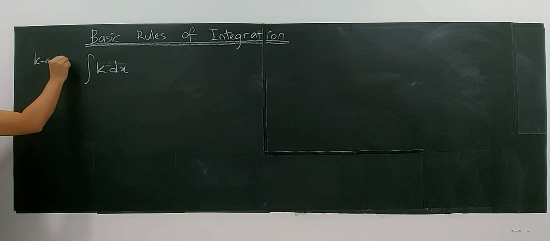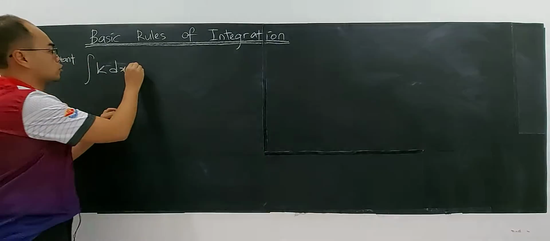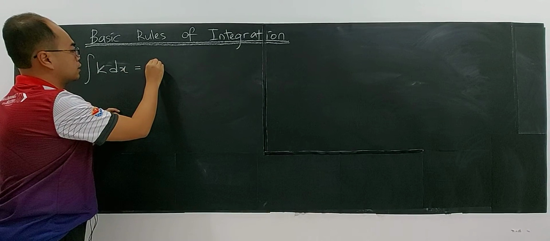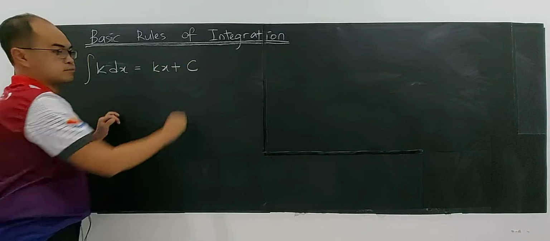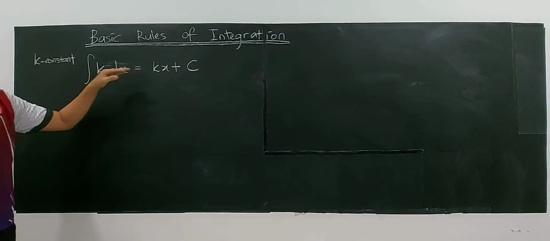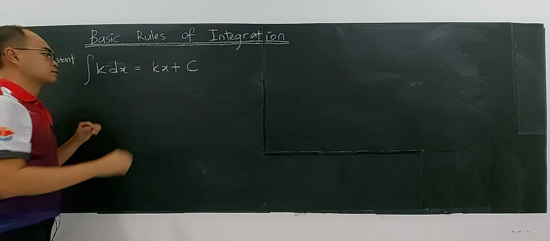For k a constant, if we integrate a constant, we get kx plus c, a constant, so x to the power 1 plus c.